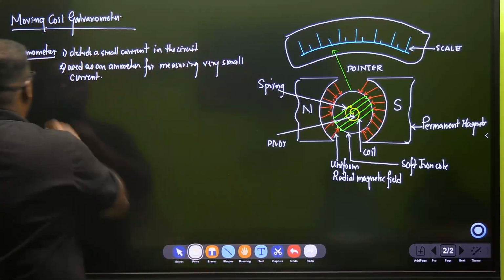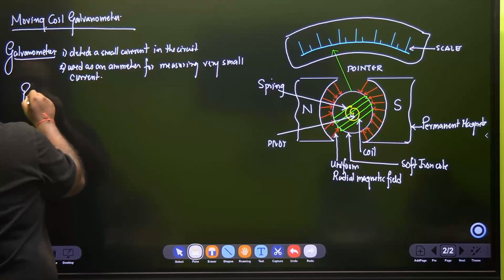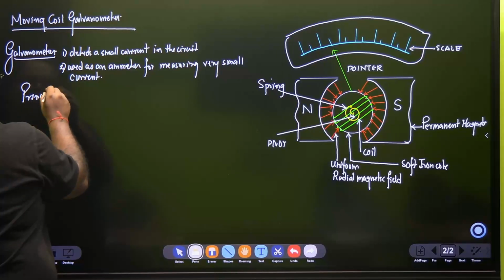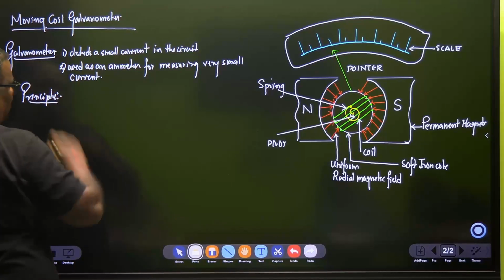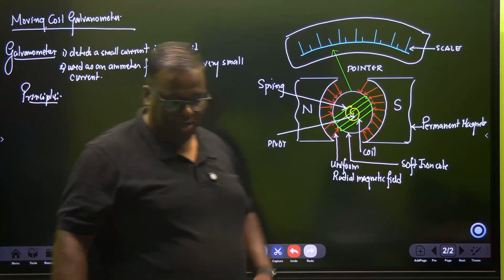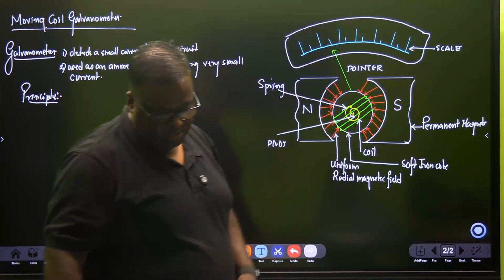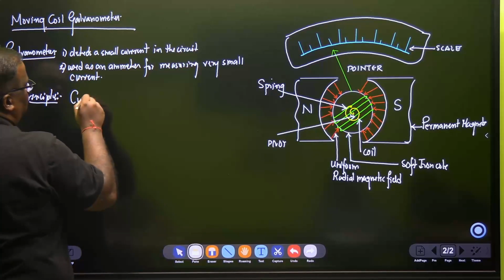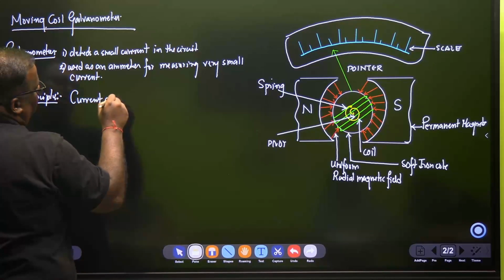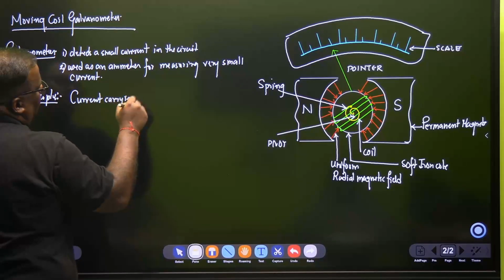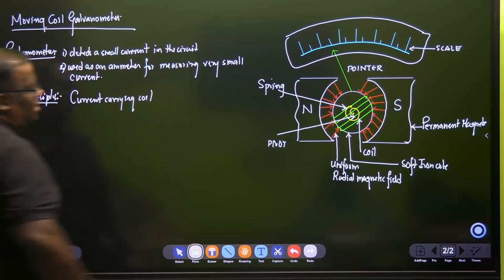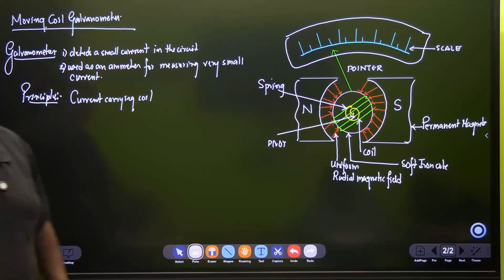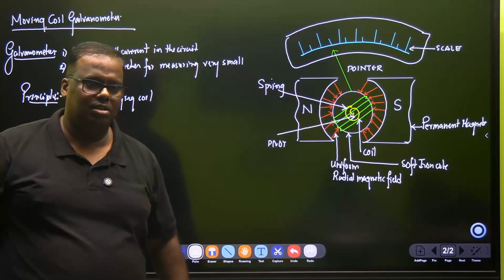Now write down the principle, children. Principle. These things I'm not writing, you write down. A current carrying coil placed in a magnetic field experiences a torque. Current carrying coil. We initially had started our discussion with what? One loop in the previous class.